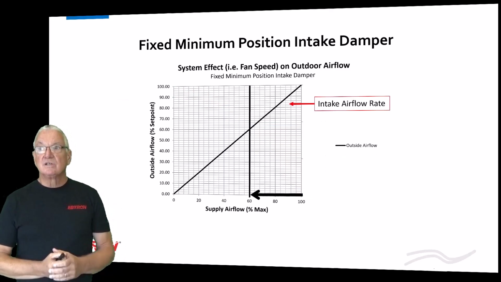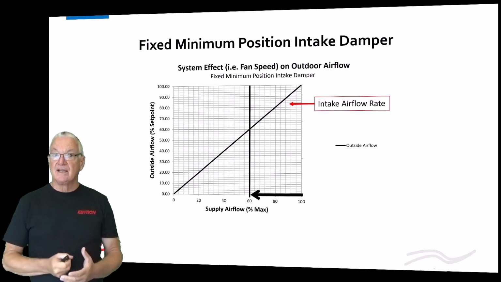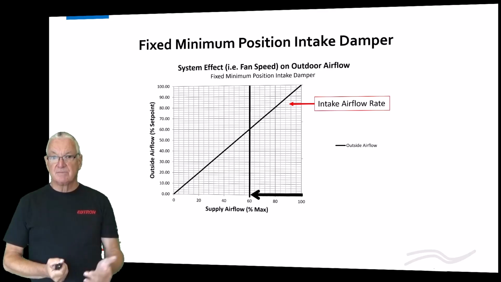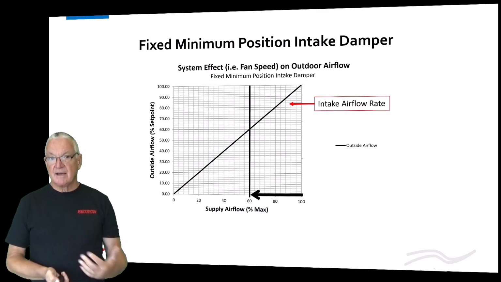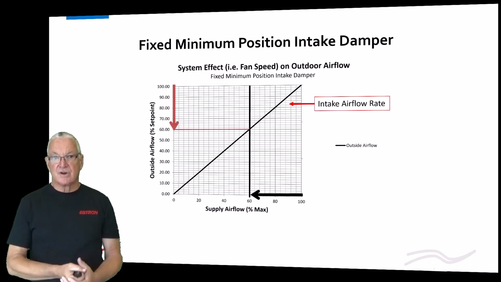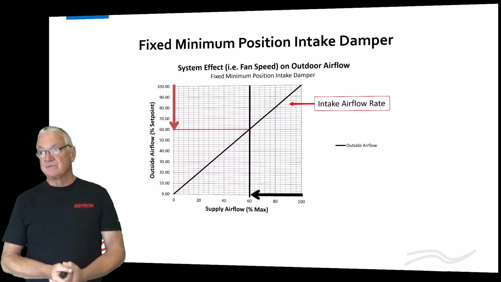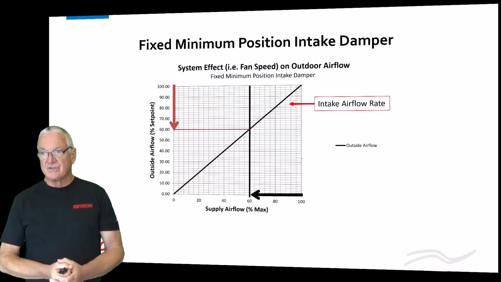Now if you were to look at the relationship to the outside air, you would find it's a linear relationship. So as I drop the supply airflow from 100% to 60%, fixed damper, the outside air is going to drop proportionally with it. It's going to drop from 100 to 60%. So whatever you had it set at, you can drop down to 60%. And really, that's been addressed a lot by ASHRAE.